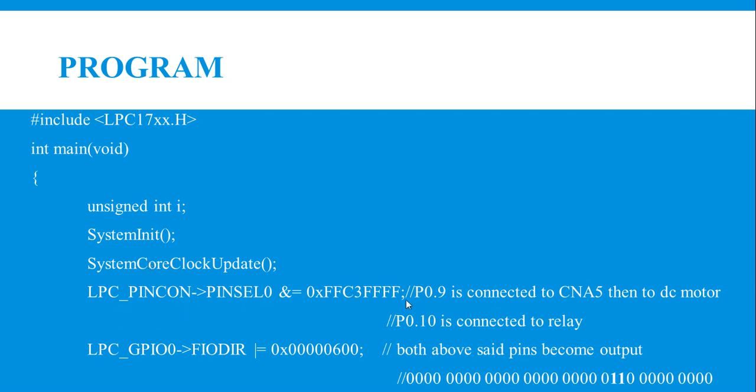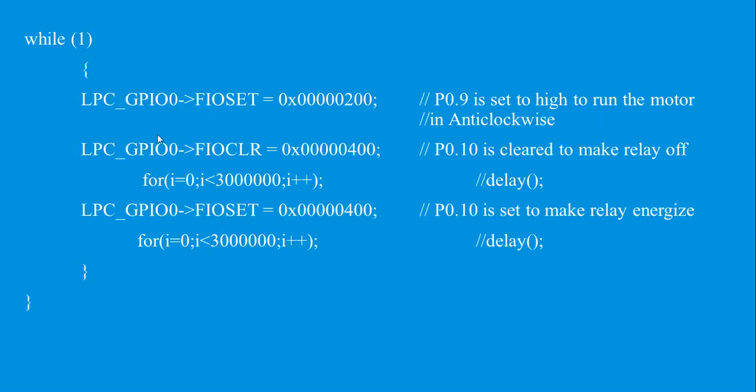Now this is an instruction to configure pin 9 and pin 10 as general purpose input output pins, and this is an instruction, as we discussed earlier, to configure those two pins as output direction. And this is a while(1), an infinite loop.